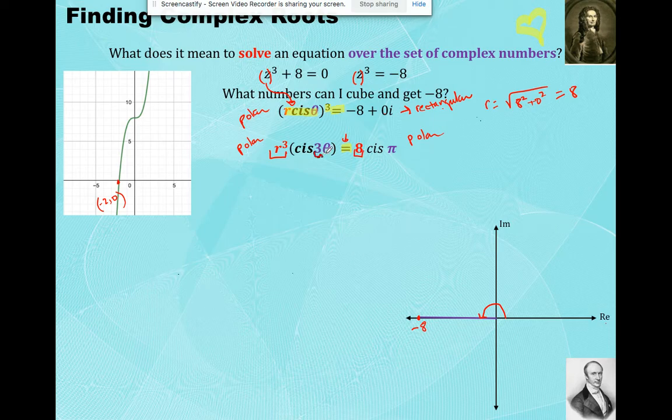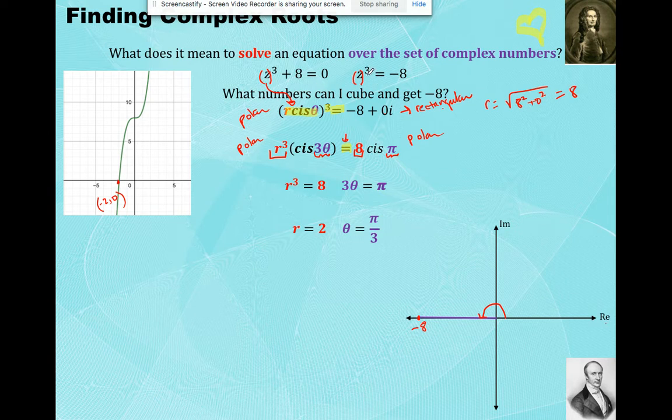The argument on the left must be equal to the argument on the right. So look at what that gives me. But I can isolate r and theta so that I now really am isolating z. I'm getting z by itself.